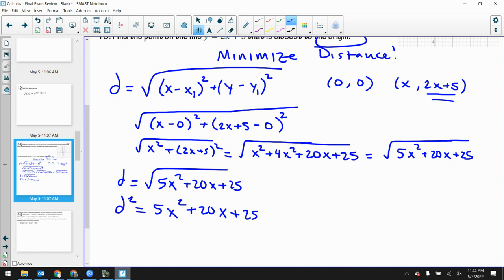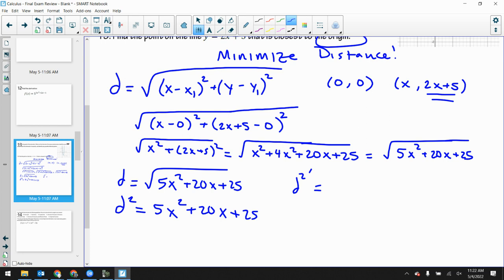So if I want to try to minimize or maximize anything, I've got to find the derivative at that point, right? Remember that we did this before. Maximizing or minimizing distance is really minimizing d squared as well, right? So if I find d squared prime, that's really going to be equivalent.